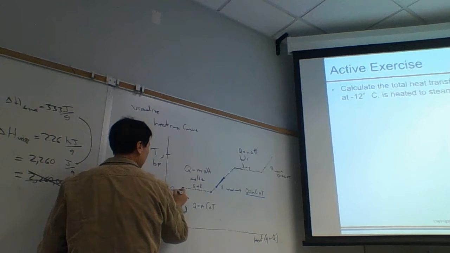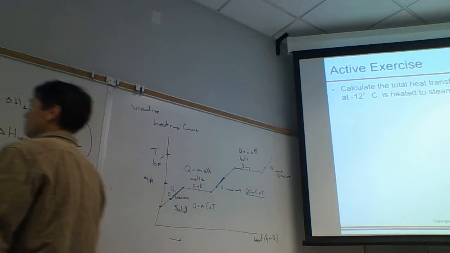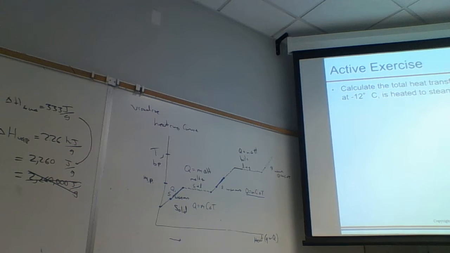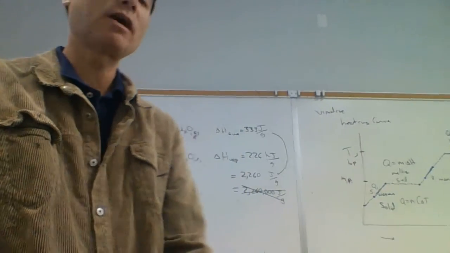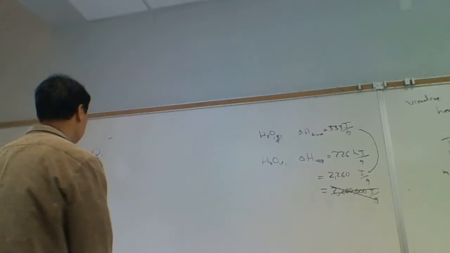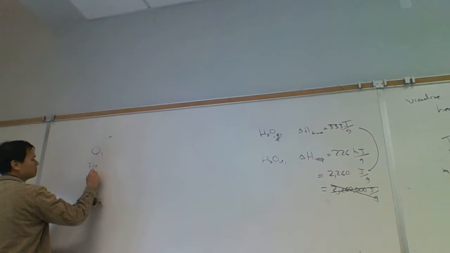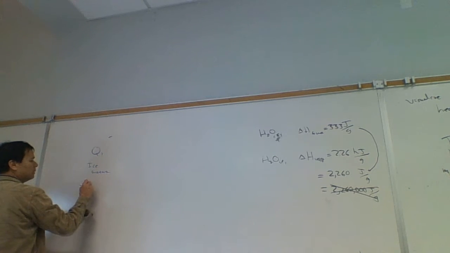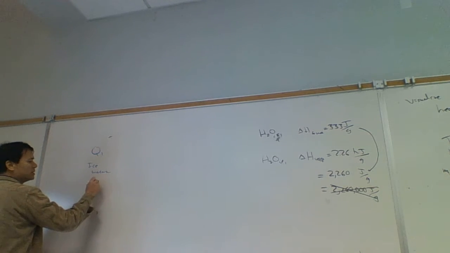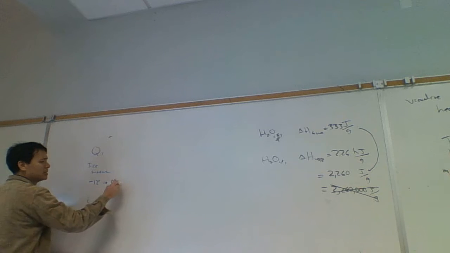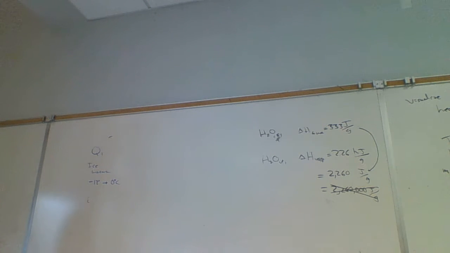What we have to do is sum up all the Q's. If we're going to heat the ice, we can't heat ice all the way to 115 degrees C. Something's going to happen well before that, because the ice has got to warm. The ice warms from minus 12 degrees C to 0 degrees C. 0 degrees C is the maximum temperature that we can have ice at.